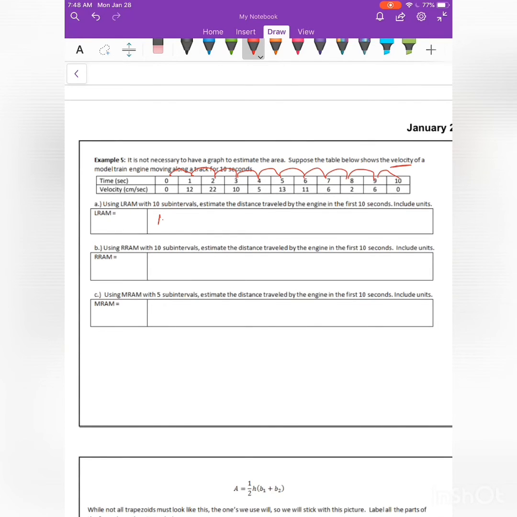And the nice part is you don't have to write f of 0, f of 1, f of 2, because those are all given already. So for a left endpoint, if we're between 0 and 1, well, the point on the left would be 0. And so the second rectangle here, again, the width is still 1, and the left endpoint would be 12. And then you can go on and on and on with this. So times 22, 1 times 10, 1 times 5.